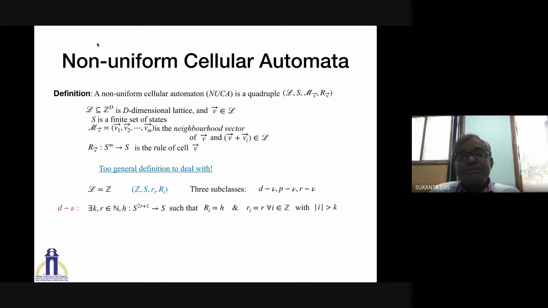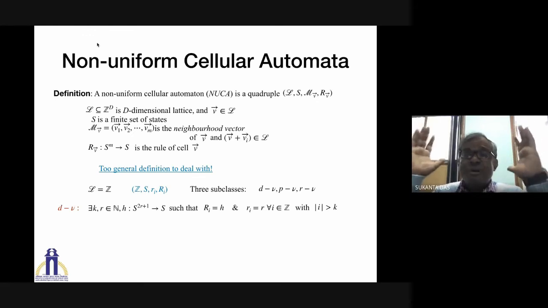So d-NUCA is simplifying the original definition. How is it doing so? Suppose this length is my k, so k is a number. 0 is my origin, and Z has positive and negative numbers along the x-axis.